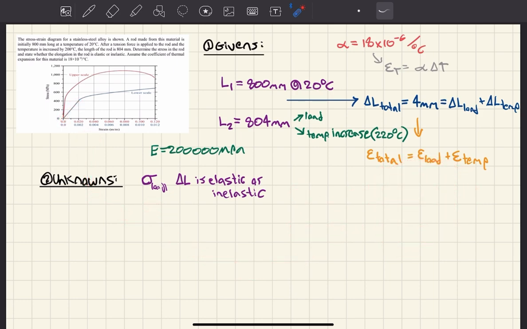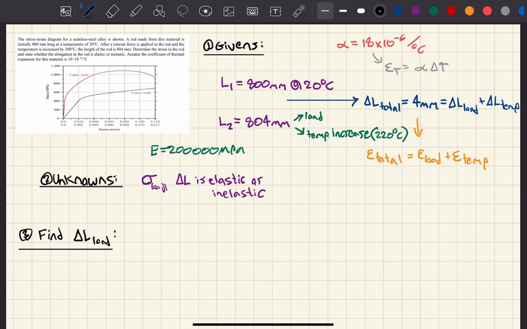So finding the stress due to the load is much more involved than the total stress and the stress due to the temperature increase. So that is what we're going to do. That was the game plan, but we will go through it once more. So what did we say? We want to find delta L due to the load.